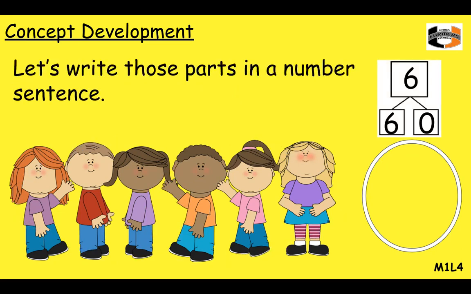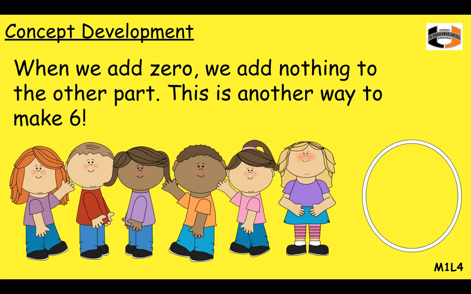Let's write those parts in a number sentence. 6 equals 6 plus 0. When we add 0, we add nothing to the other part. This is another way to make 6. 6 equals 6 plus 0.